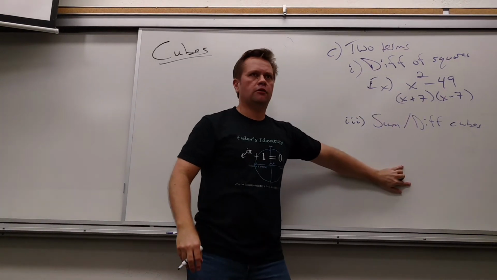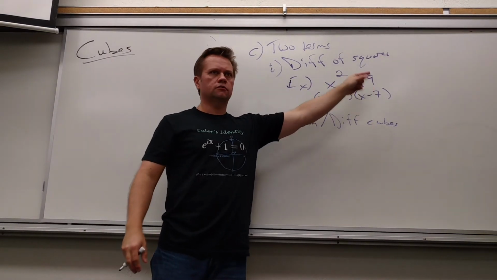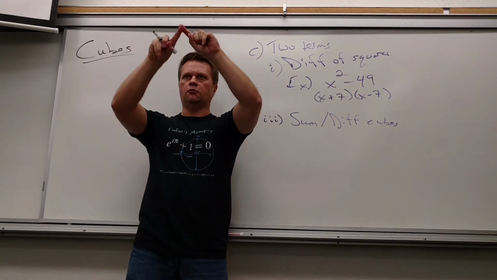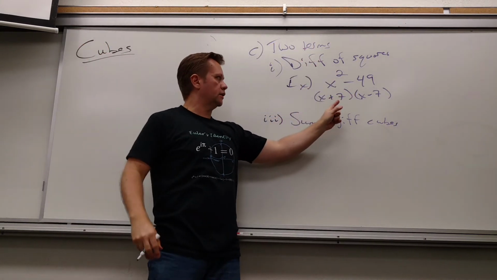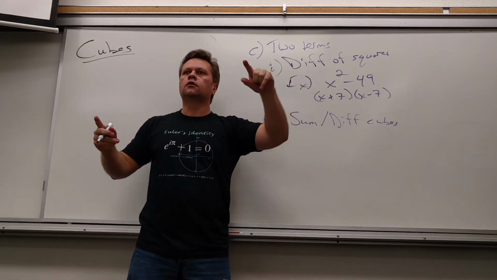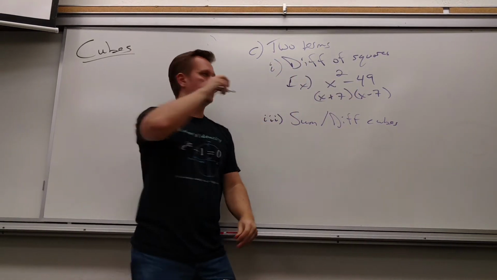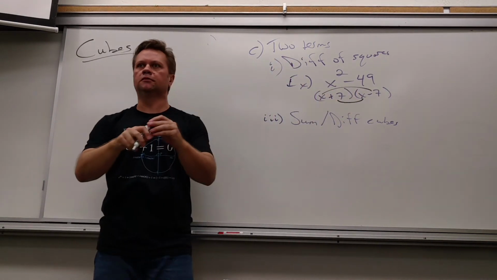Why was the squares problem so easy? Because there's how many of everything? There's 2 of everything. So I put one of each, minus, plus, I'm done. Why is it minus, plus, or plus, minus? Why is that needed? So the middle term goes away. Because I'll get plus 7x, minus 7x, yay, there's no middle term.